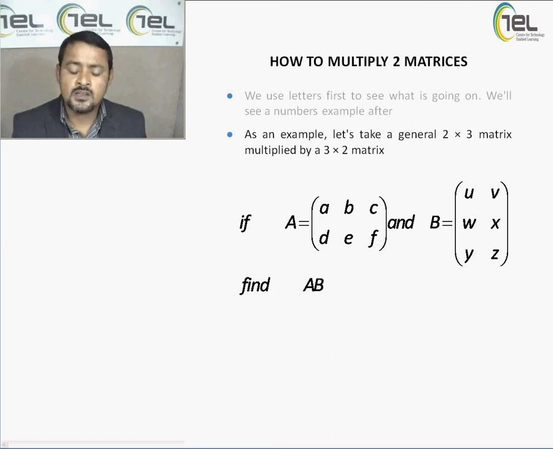So the number of columns in the first matrix, 3, is equal to the number of rows in the second matrix, 3. They can of course be multiplied, resulting in a 2 into 2 matrix. So we will find AB by multiplying matrix A with matrix B.